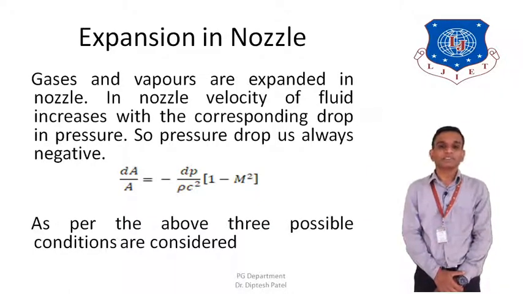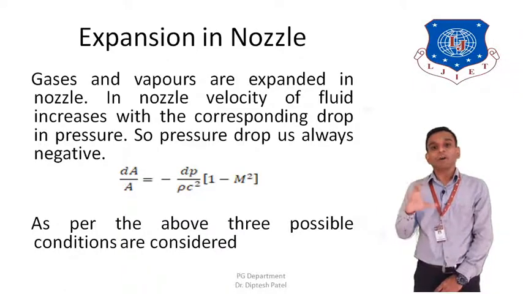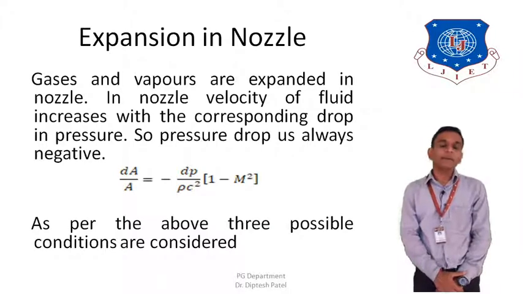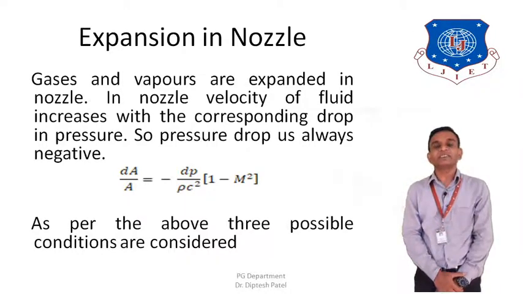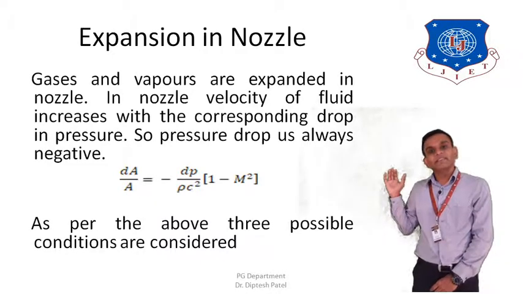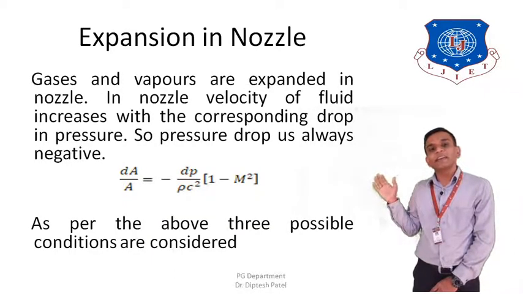So the pressure drop is always negative, and we have derived one of the equations in a previous video session, and that is dA upon A equals minus dP divided by rho c square inside the bracket 1 minus M square. So here the ratio dA upon A has a negative pressure drop.